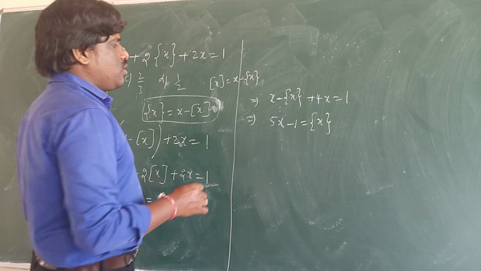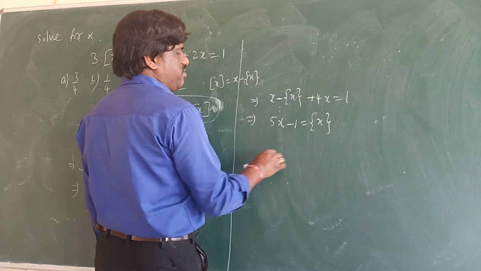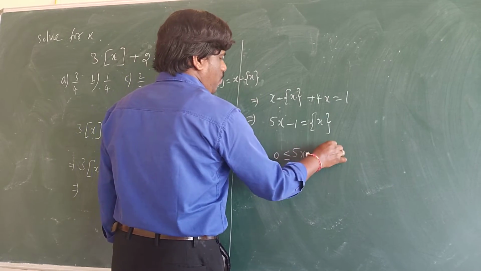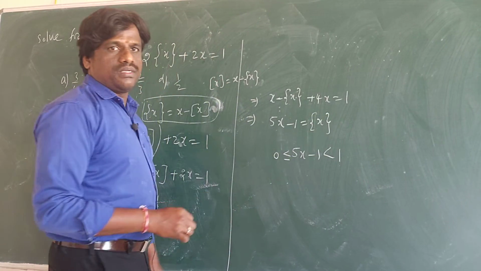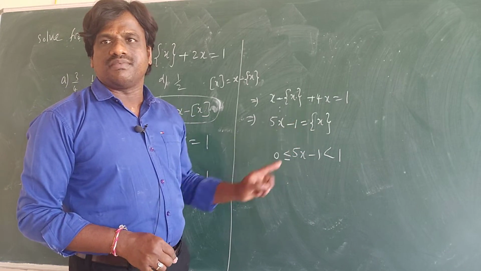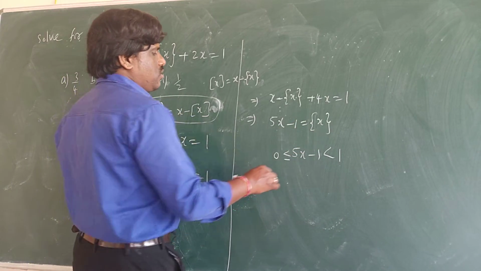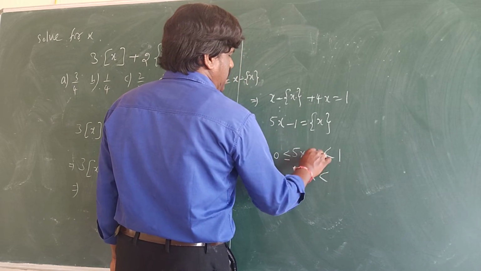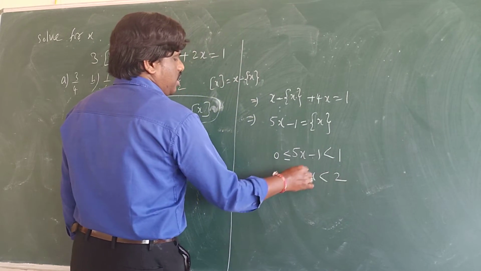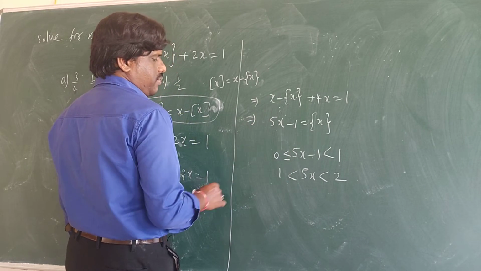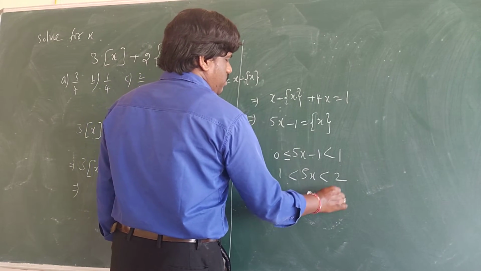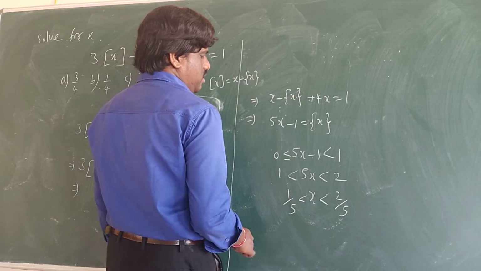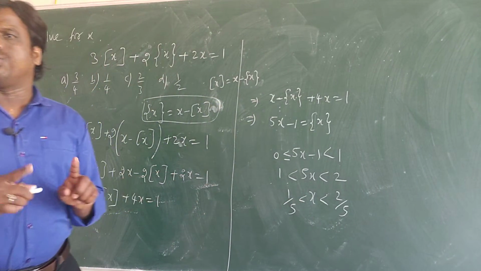You know that the fractional part of x lies between 0 to 1. So 5x is equal to minus 1 sent this side plus 2, and minus 1 sent this side plus 1. So x lies between what here? 2 by 5 and 1 by 5. So 1 by 5, 2 by 5.